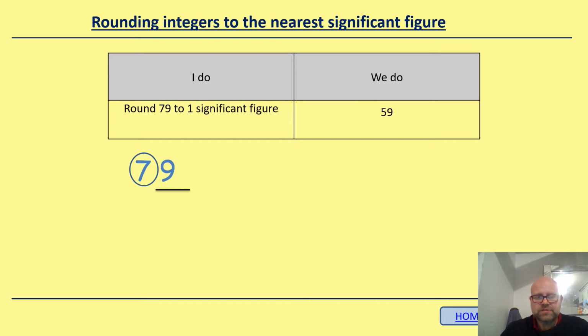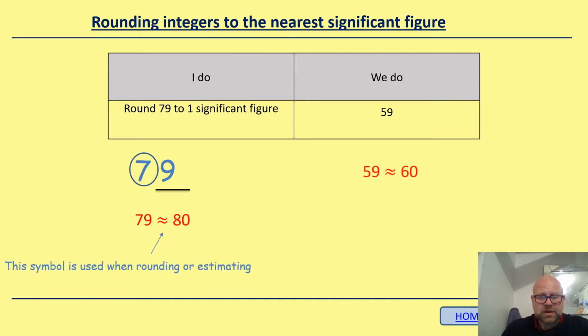We ask ourselves, is that number 5 or more? Well, it's 9. That means the 7 goes up to an 8. So 79 is approximately equal to 80, and that little squiggly equals sign, I call it a squiggly equals sign, means approximately equal to, and it's used when rounding.